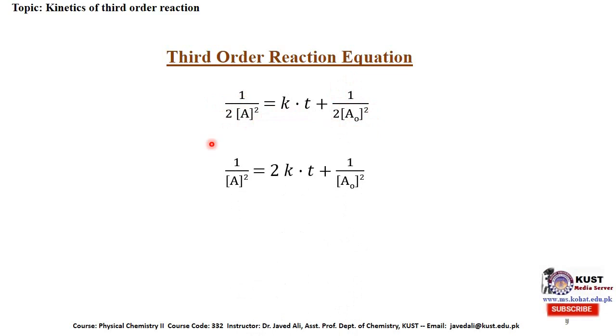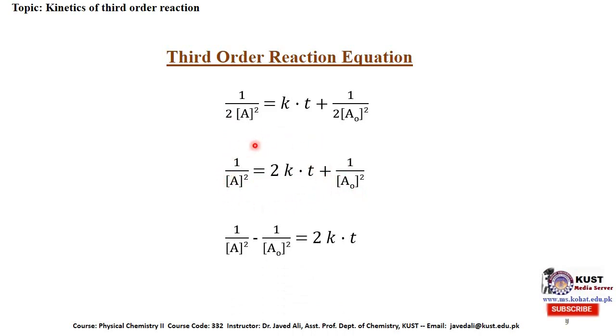We can rearrange the equation by multiplying 2 with both sides. Now we get the equation 1 divided by A square is equal to 2kt plus 1 divided by A naught square. This is the integrated form of third order equation when initial concentration of all reactants are the same.